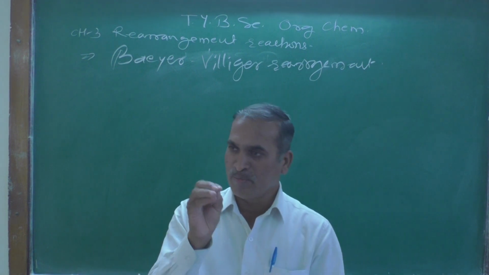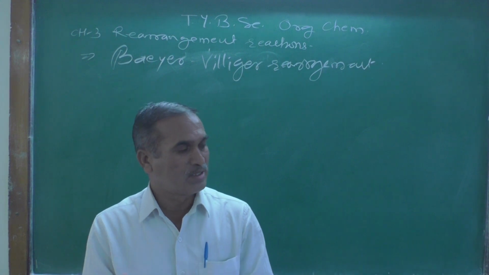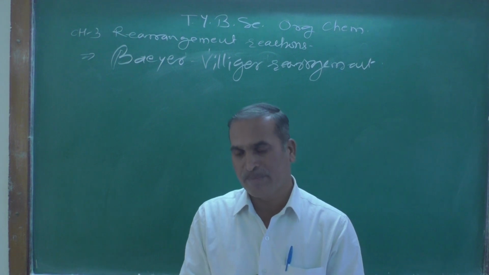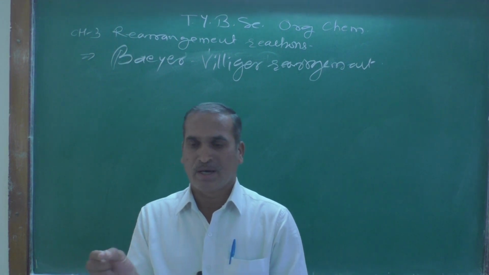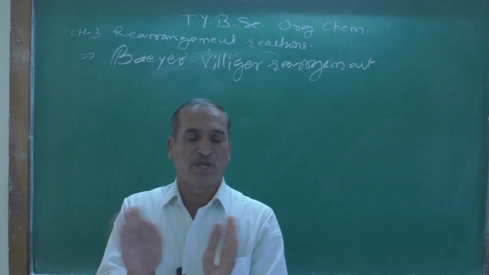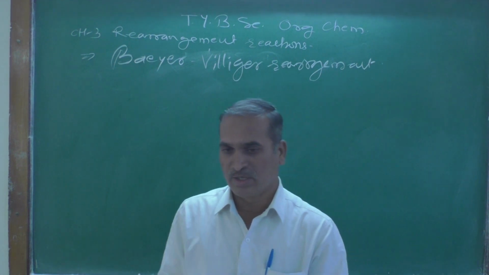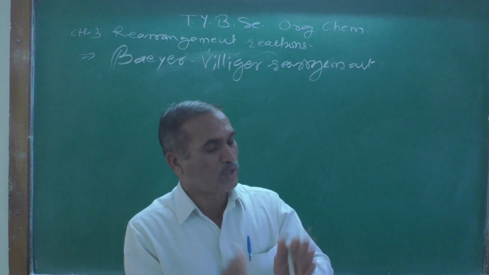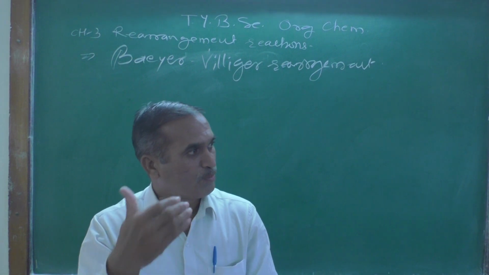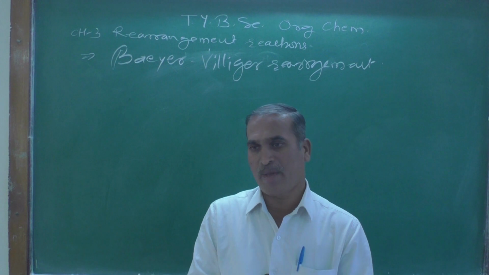So here just remember the starting material used for this rearrangement reaction is a ketone. Generally the ketone may be an aliphatic ketone or an aromatic ketone, and these ketones are treated with peracids or peroxides. What is happening there?